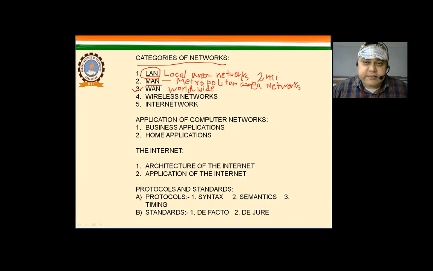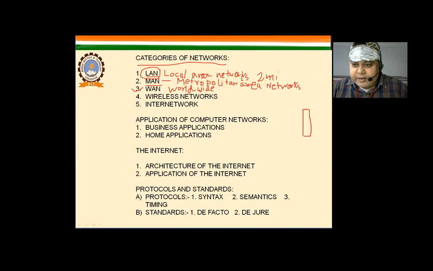Currently LAN size is limited to a few kilometers, and if you talk about the connection, or referring to the figure, or you can say how the linked devices are shown, it is normally given by having a central hub.